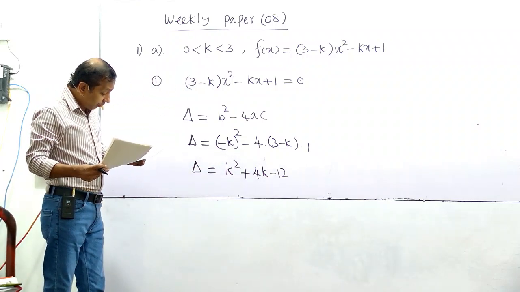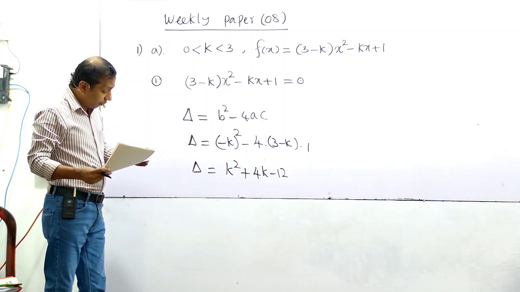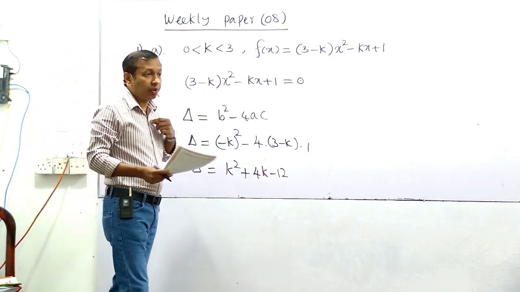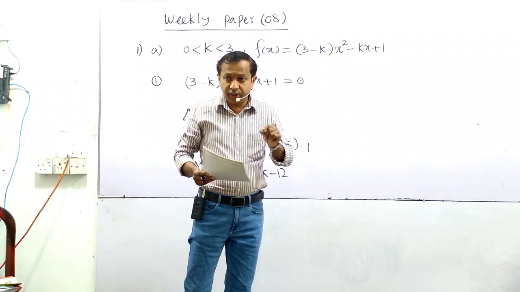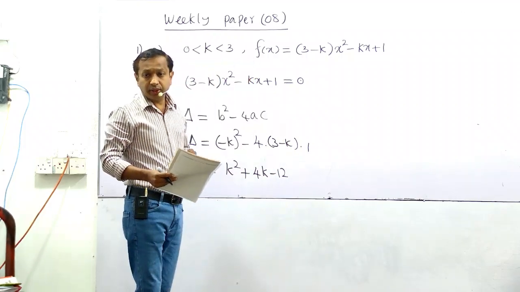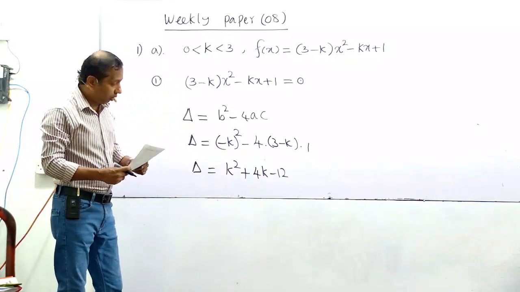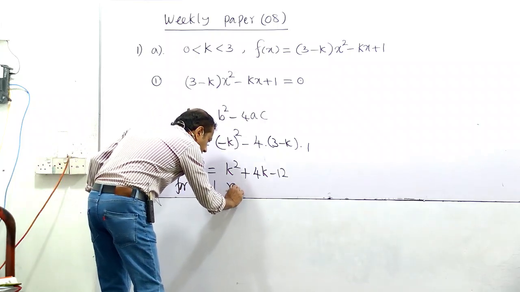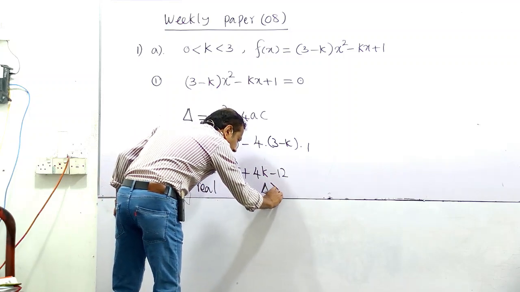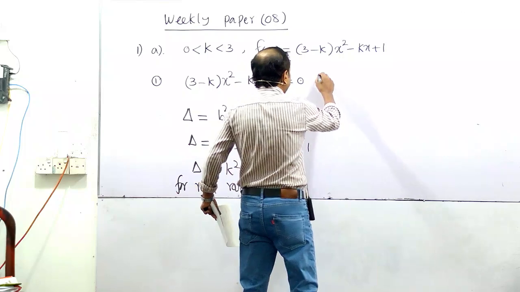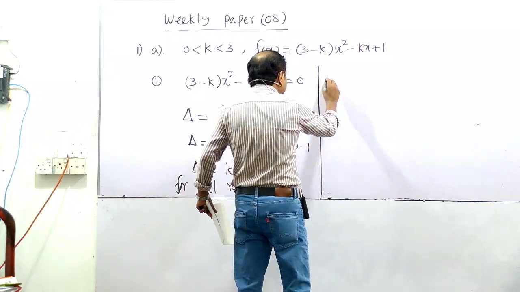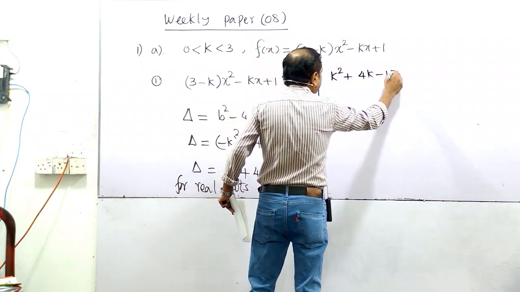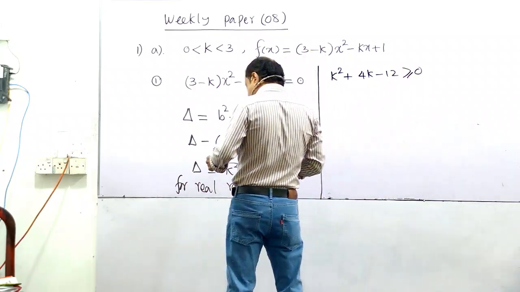Now, what is it asking? Hence, find the range of values of k for the roots of f(x) equals 0 to be real. You know, the roots of a quadratic equation become real if the discriminant is either greater than 0 or equal to 0. Then you can write for real roots, delta greater than or equal to 0. Delta is k squared plus 4k minus 12 greater than or equal to 0.